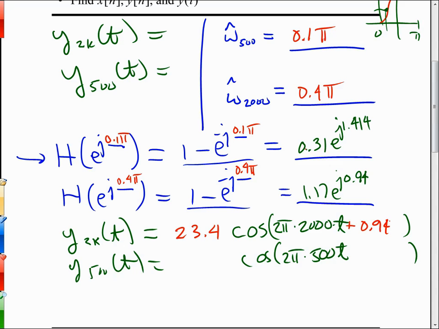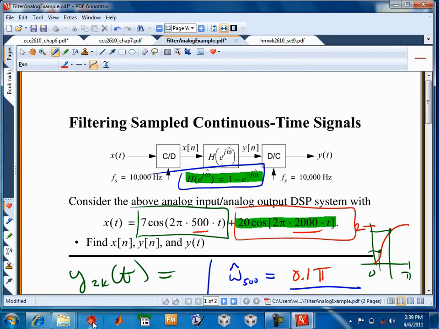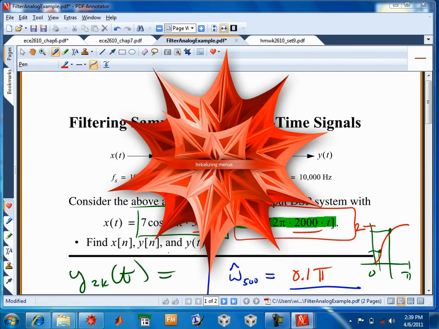Because what I did was I took that H of e to the j omega hat equals 1 minus e to the negative j omega hat, and I factored it down into the trig form, where you pull out an e to the negative 0.5 j omega hat times 2 sine 0.5 omega hat, and I'm getting the same amplitude values, but for my phase value, I should just be getting values that are e to the negative 0.5 j times omega hat, and so those phase values seem different than what you would be getting if you went through that method. So I'm not sure if those phase values are.